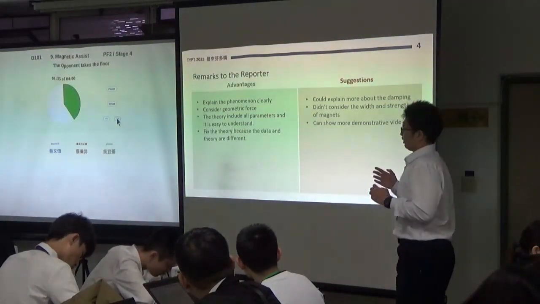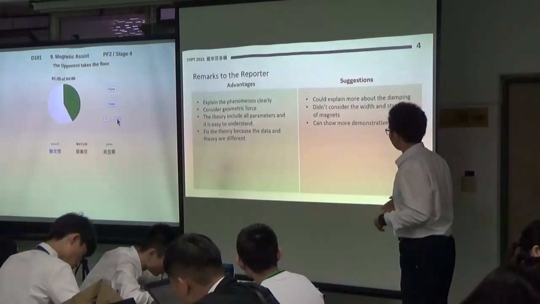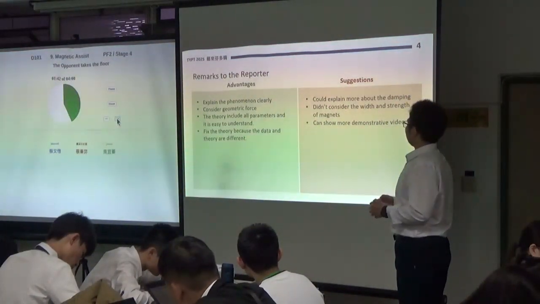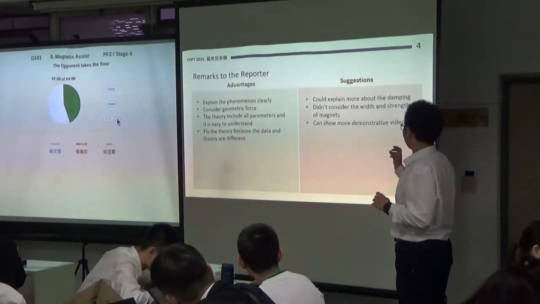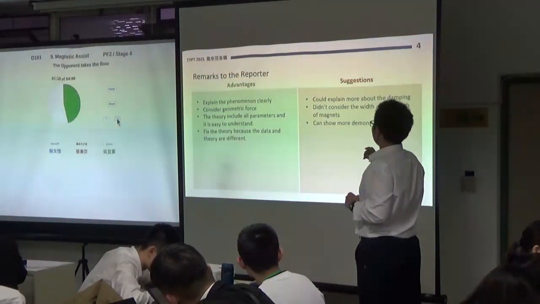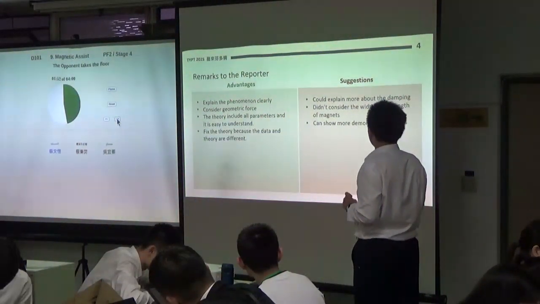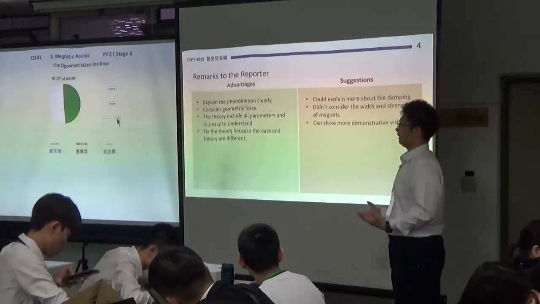And there are some suggestions. You could explain more about the damping. And you didn't consider the weight and the strength too much in the presentation. And show more demonstrative videos to make it easy for us to understand what happened in the experiment.